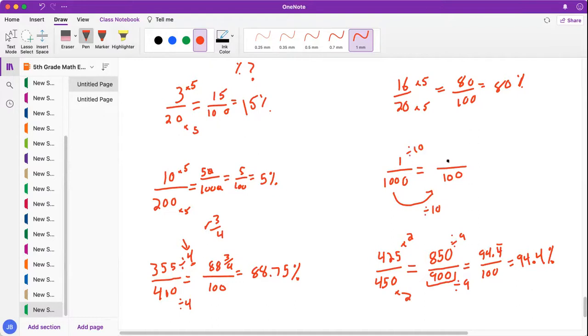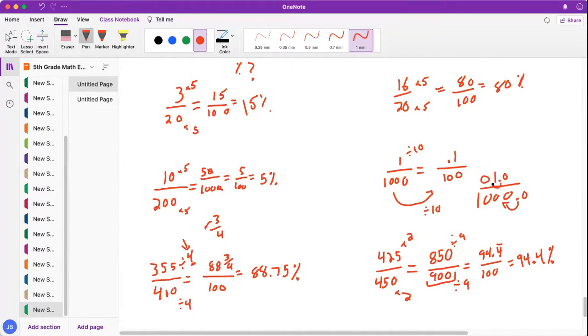Yep. Does that make sense, Hanjin? So to get from 1,000 to 100, we can divide by 10. Or what we can do is, if this is where our decimal is, if we move this 1 to the left, and our top answer looks like this, right? Because 1.0, that's the same as 1.